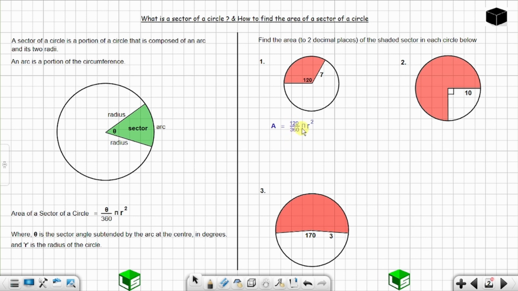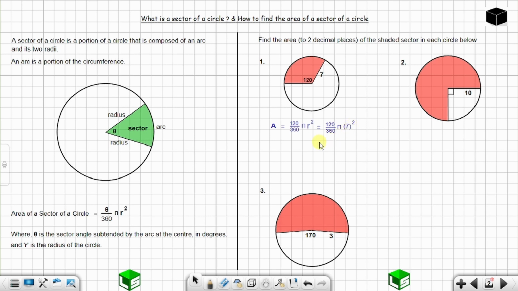This is equal to 120 over 360 times pi times r squared. The radius in this example is 7, so you have 7 squared.